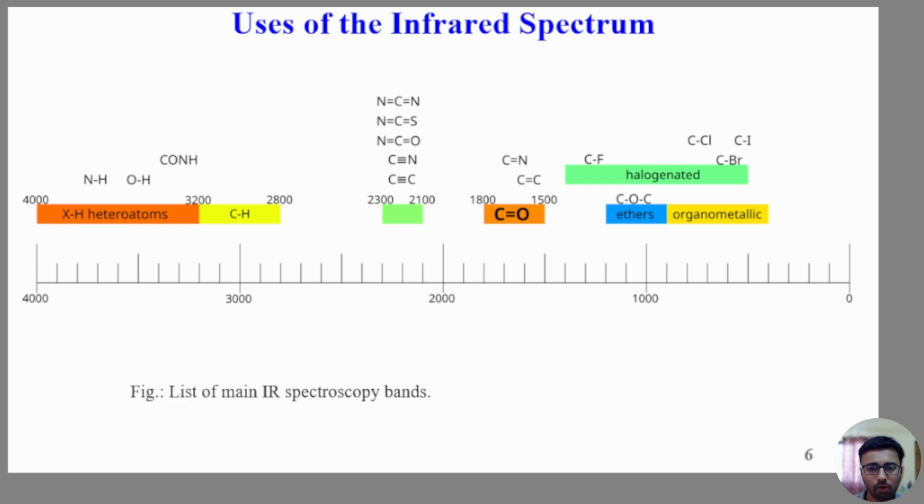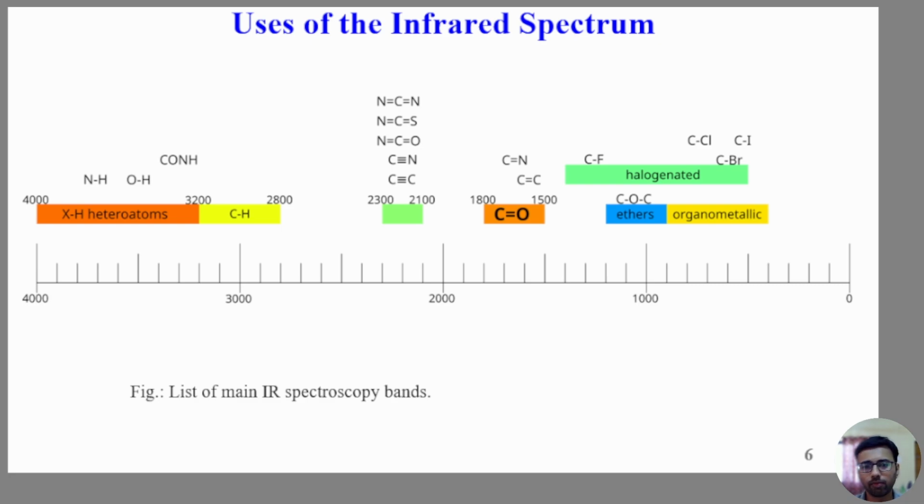Now we arrive at one of the most important regions in IR spectroscopy, the 1800 to 1500 inverse centimeter region. This area is dominated by double bonds. The most famous example here is the carbonyl group. The carbon double bond oxygen stretch is extremely strong and typically appears near 1715 inverse centimeters.